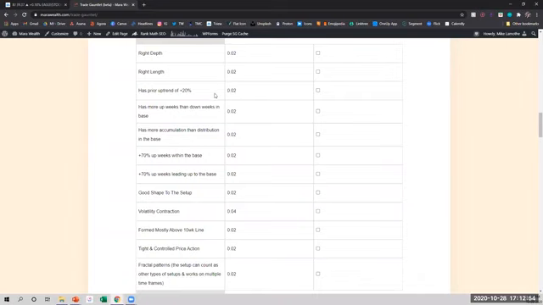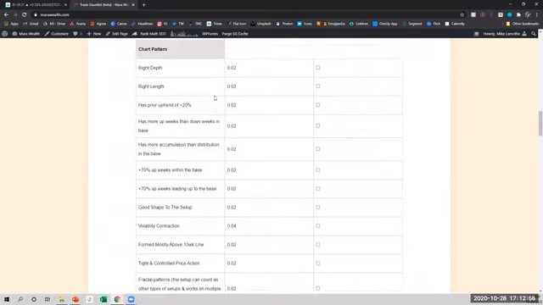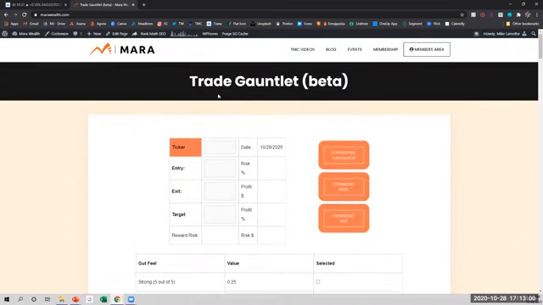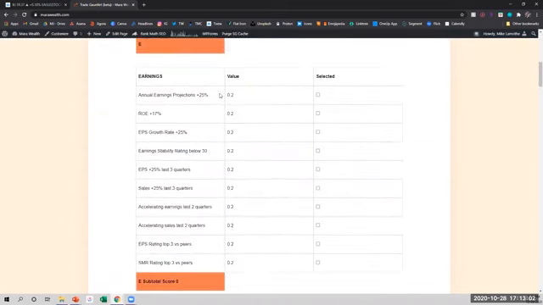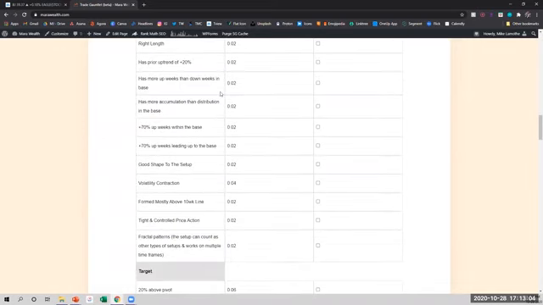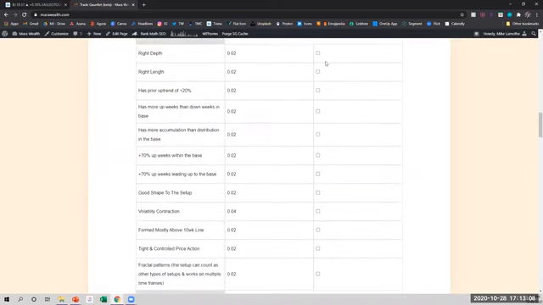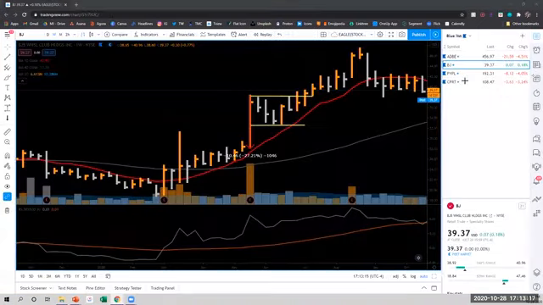I call this thing the trade gauntlet, and it has everything that I'm interested in for a stock, and some of those things happen to be all the different elements that we spoke about already. So I'll move this out of the way, so that way you can see the chart.